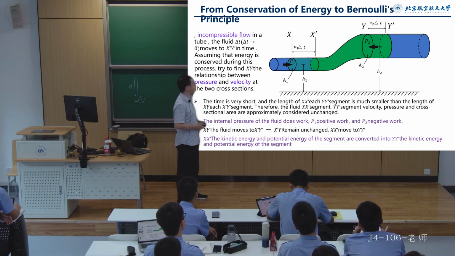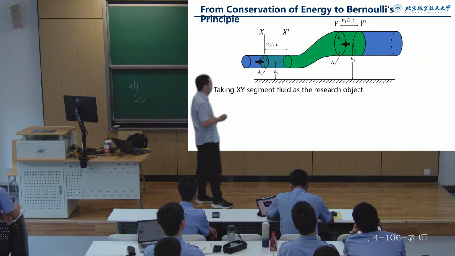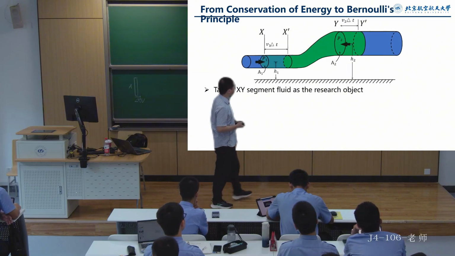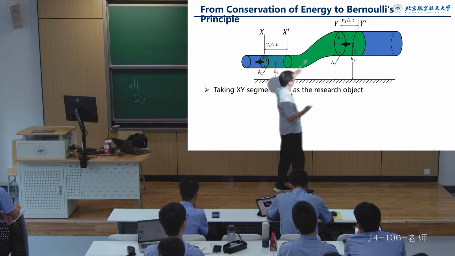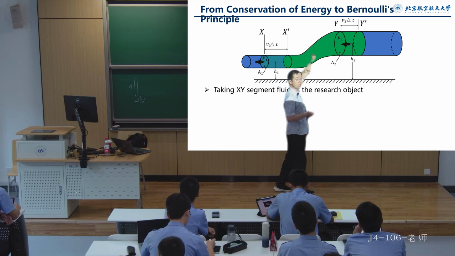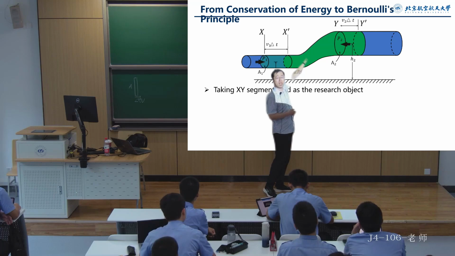First, let's take the fluid segment xy as the object of study. So, how does pressure do work? It should involve the pressure on the left segment. What should the work done by P1 be? How did we calculate positive work in the first lecture? Force multiplied by what?